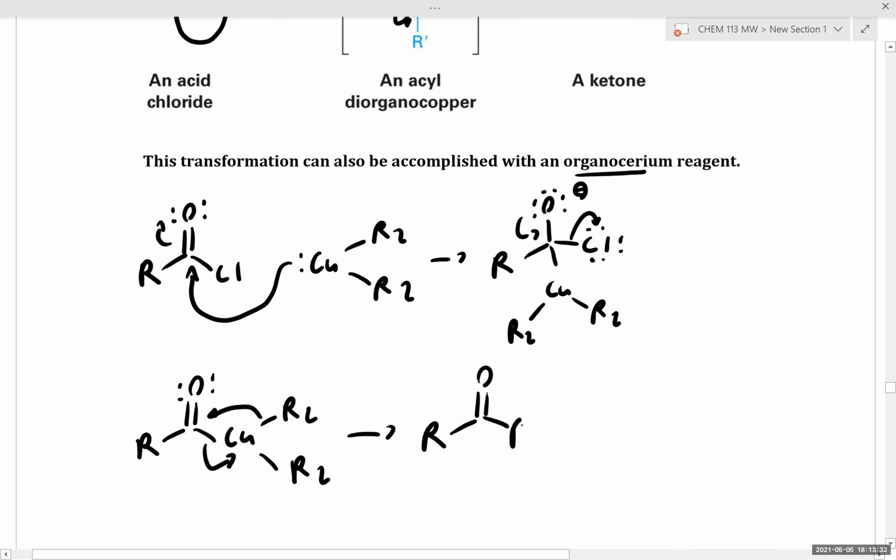That in turn gives us our corresponding ketone quite cleanly. The only downside is that making the organocuprate reagent usually requires multiple equivalents of organolithium or Grignard reagents to prepare the organocopper or organocuprate reagent.